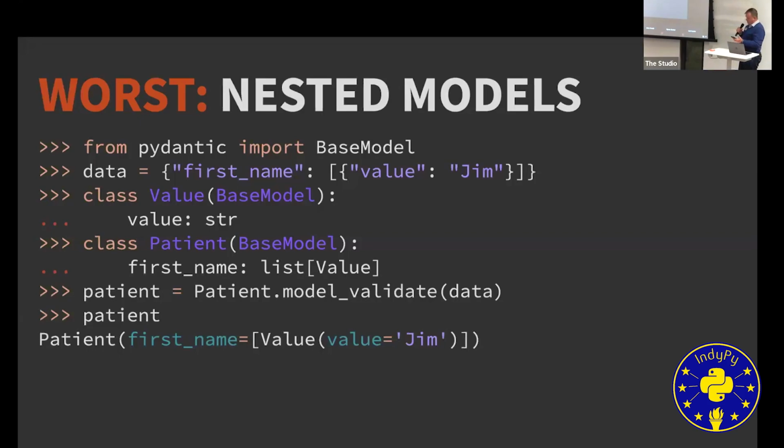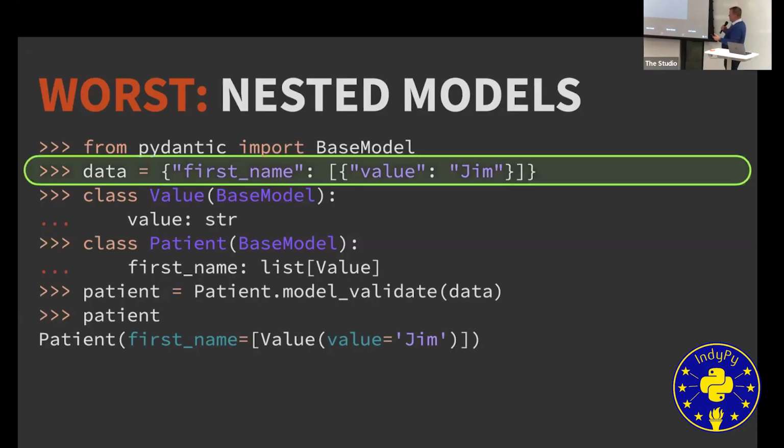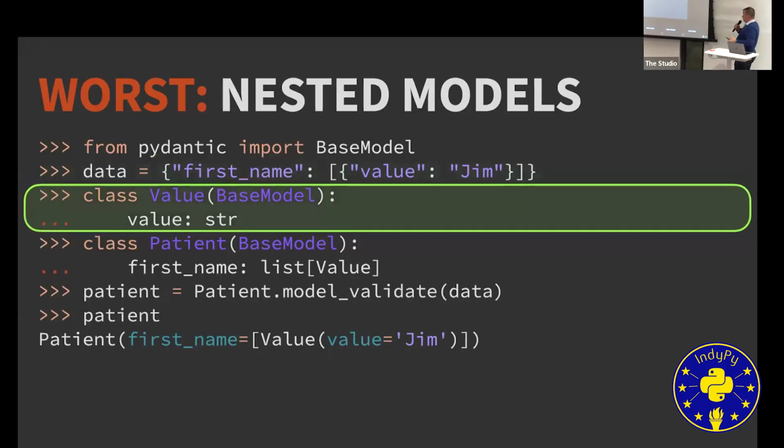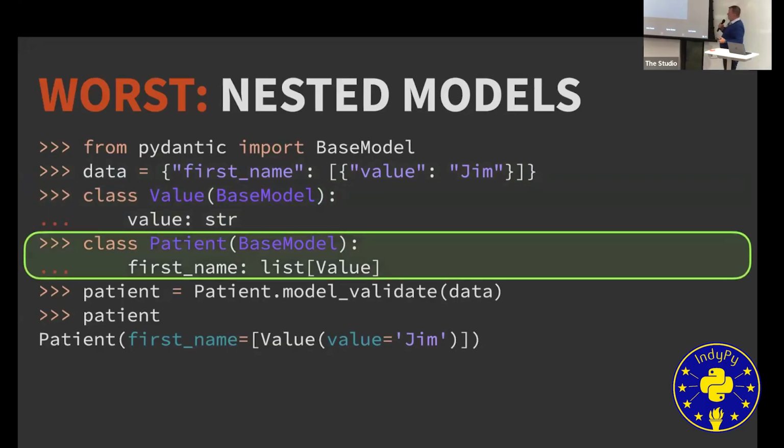As with our Pascal snakes issue, first pass might be to represent the nested values. So here we have Jim nested inside of value, nested inside of list, nested inside of first name as nested models. So here now we're nesting our name inside of a value model, which gets nested inside of a list, which gets nested inside first name, which gets nested inside of patient.